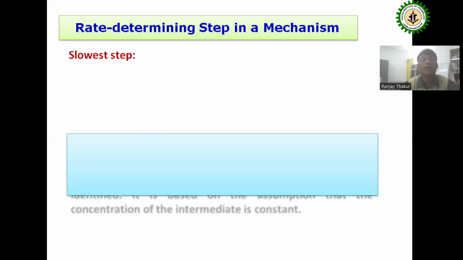Now, the rate determining step. Generally, if you consider chemical reactions, there are three kinds: very fast reaction, slow reaction, very slow reaction. In a fast reaction, if you add reactant, the reactant converts into product very fast, which means time consumption is very little.